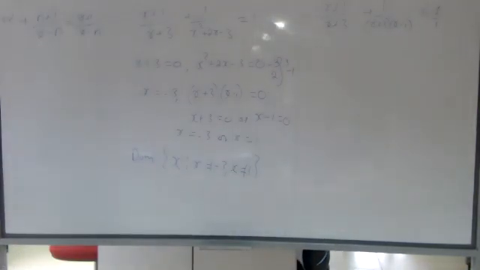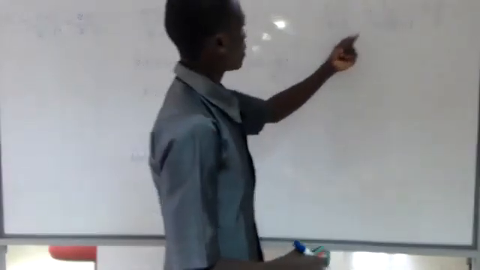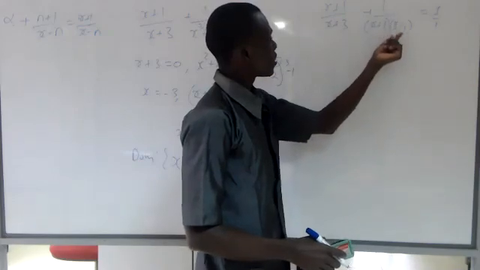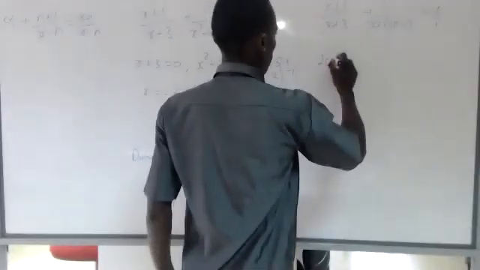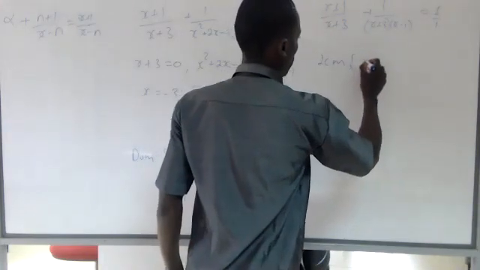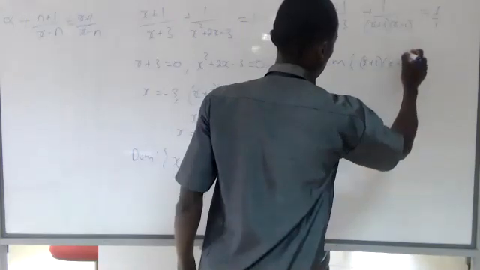Then the next step is to look for the LCM of the denominators. In this case, the LCM happens to be (x plus 3) times (x minus 1).